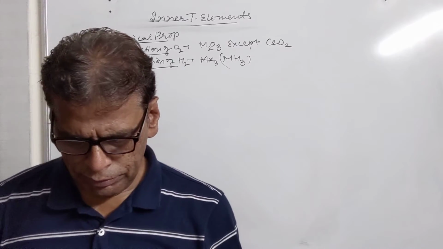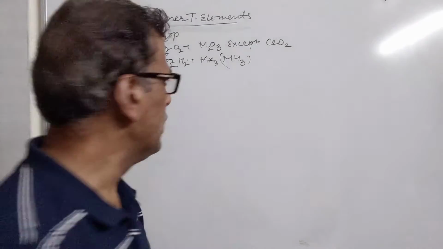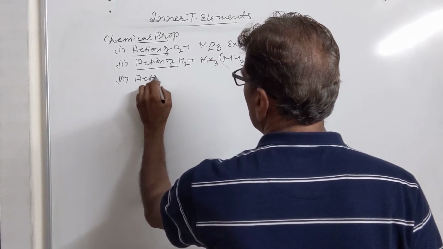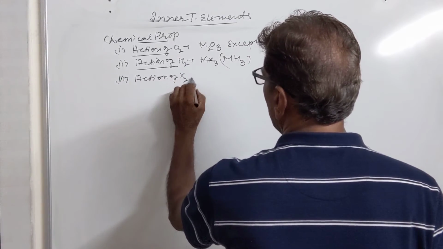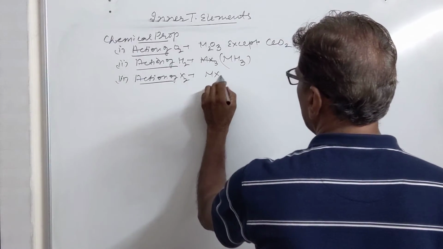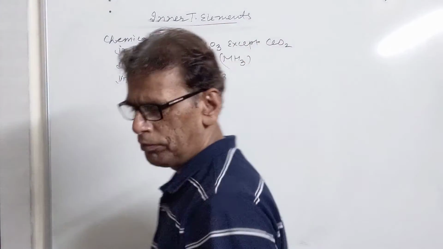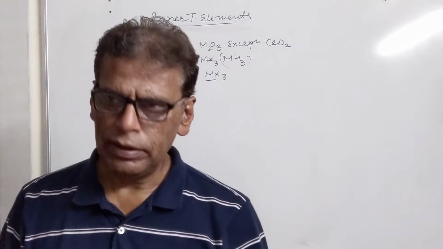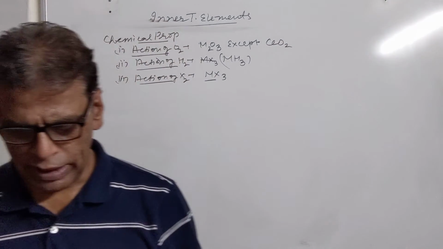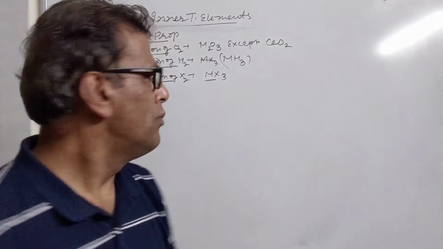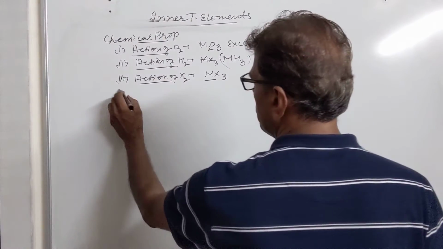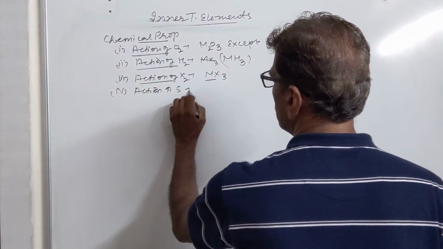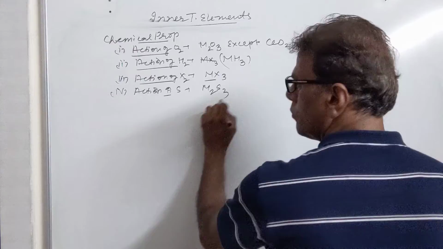Then we have the action of halogens. All of them combine with halogens forming trihalides. Then we have action of sulfur. They combine with sulfur to form metal sesquisulfides.